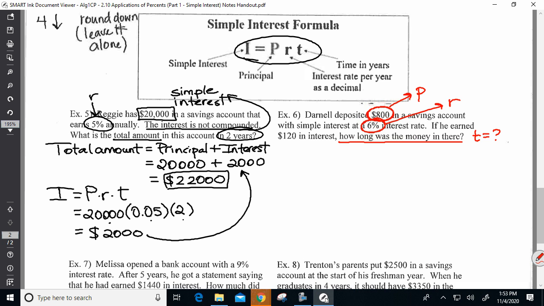We'll change it to a decimal in a second. He earned $120 in interest. So there's your interest. So we have what we need to use the formula.